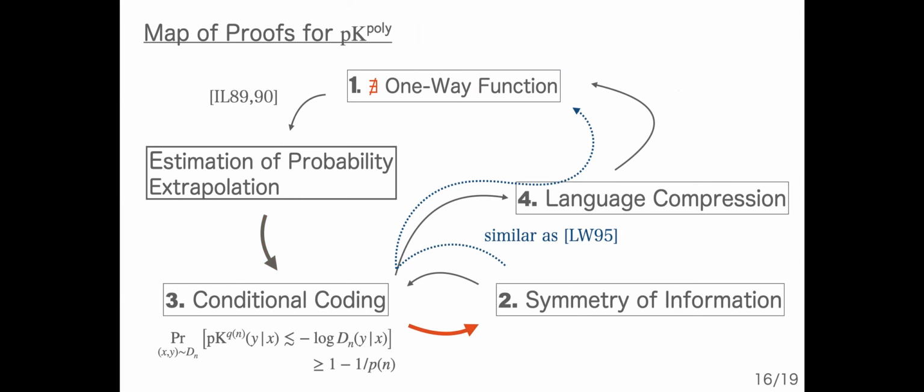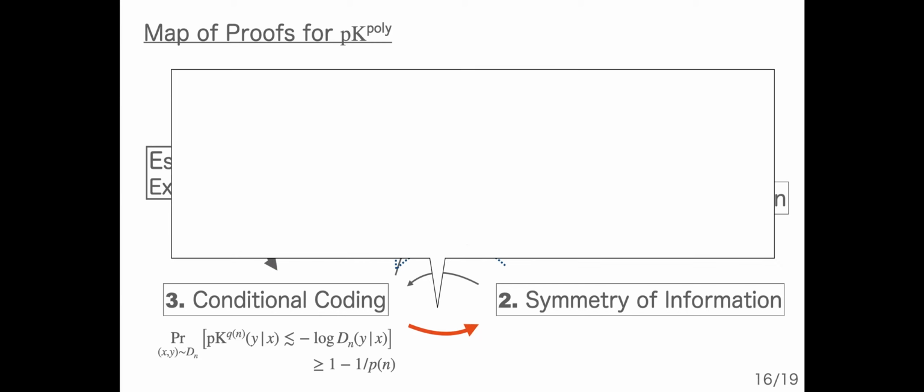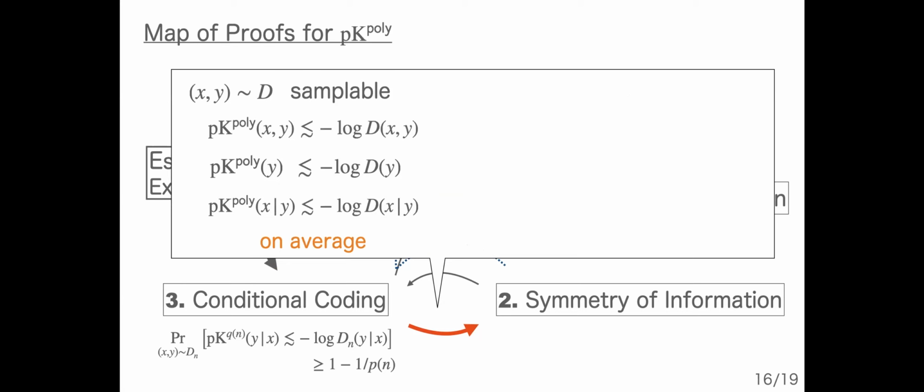Let's move on to the second part, from conditional coding to symmetry of information. Now I only explain very high-level intuition. Here we consider a samplable joint distribution over x and y. And if we have conditional coding, we obtain these inequalities on average. By regarding these pK poly as the length of encodings for strings, they have already accomplished the optimal one on average from information theory, by the non-negativity of KL divergence.